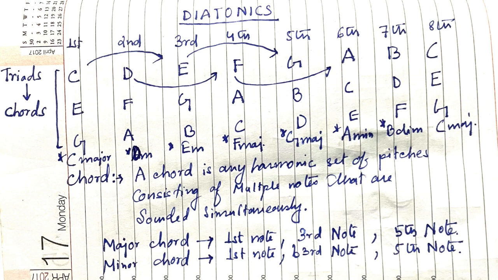Now here in this case, we are playing D, F, A. That means we are flattening the third. That means we are not playing the D major chord, we are playing a D minor chord. Why? Because we have flattened the third note of the D major scale. So we have a D minor chord.